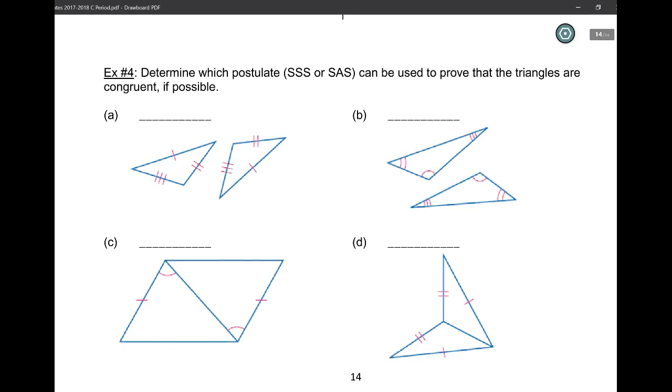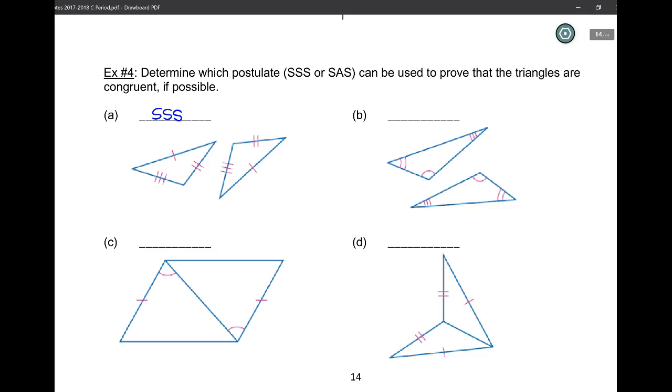Next, we want to take a look at just these pictures. Which postulate, side, side, side, or side, angle, side, can be used to prove that the triangles are congruent if possible? So the first one here, part A, what do we notice? 1, 2, 3 congruent sides in each of them. So that's side, side, side.